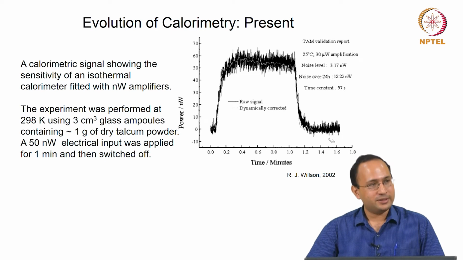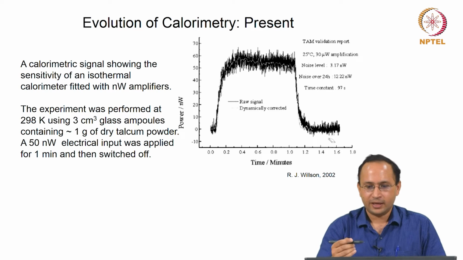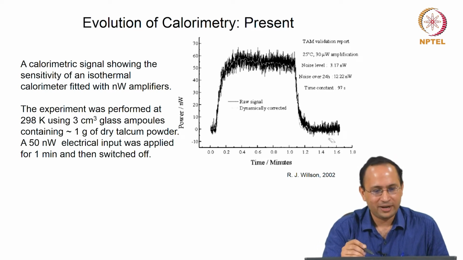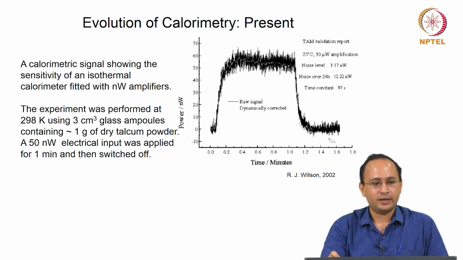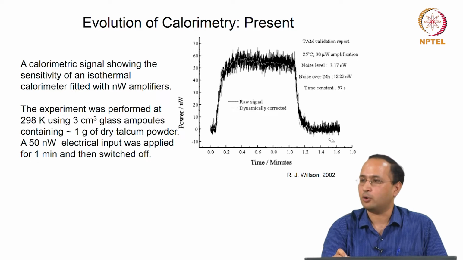We can measure signals in the order of nanowatts. Here you see a calorimetric signal showing the sensitivity of an isothermal calorimeter fitted with nanowatt amplifiers. This experiment was performed at 298 Kelvin using a 3 cubic centimeter glass ampule containing 1 gram of dry talcum powder.